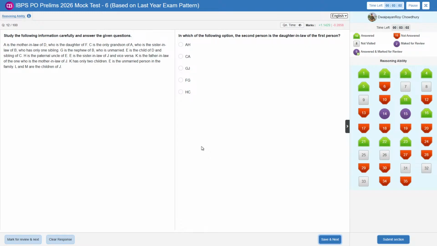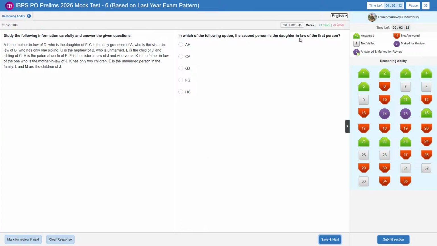K. K has only two child, so three child here. But G is also B, who is unmarried. Okay, so G, H, B, who is unmarried. E is unmarried. L and M are child of J.